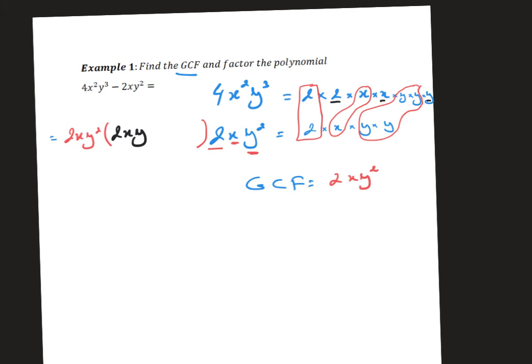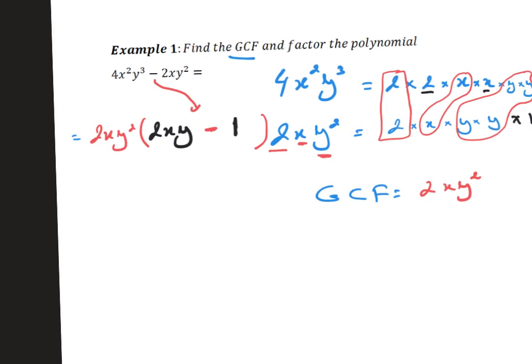For the second term, we took 2x y squared as a common factor. So what do we have left? Well, we have 1, because this is like times 1 here. And since we have minus here, that's going to be the minus here. So now we have factored completely, and the final answer is 2x y squared, parentheses 2x y minus 1.